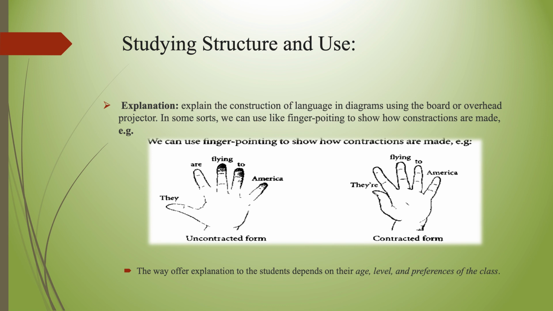The way of our explanation to the students depends on their age level and preference of the class, which means that in order to make the students understand well in the lesson, the teacher also has to clarify or know well that the students can catch it according to their age and their level of study.